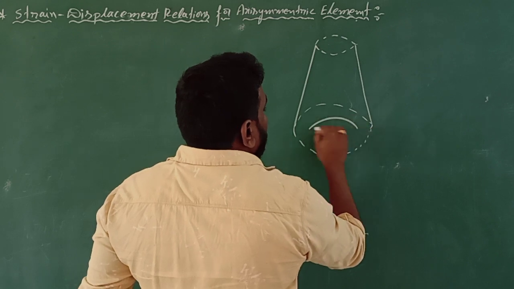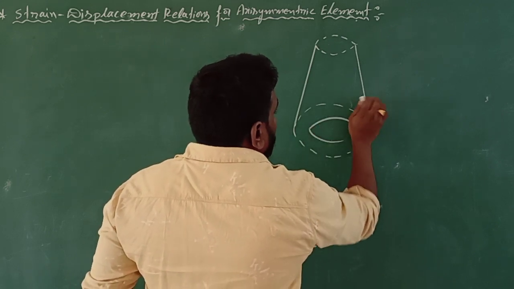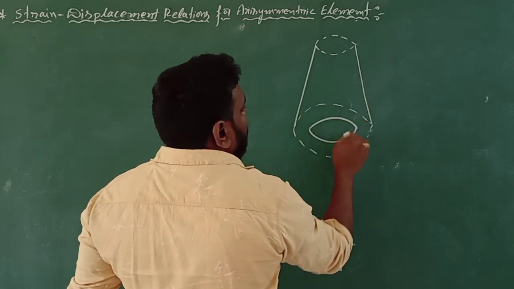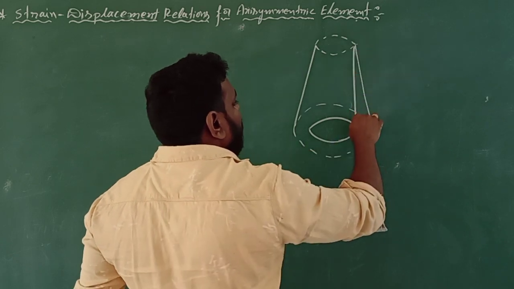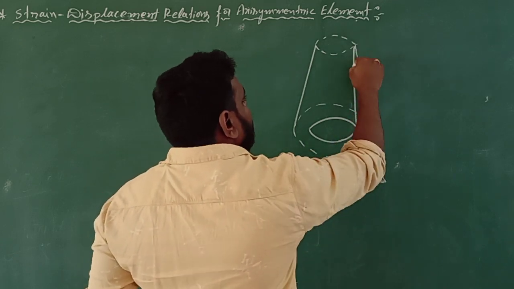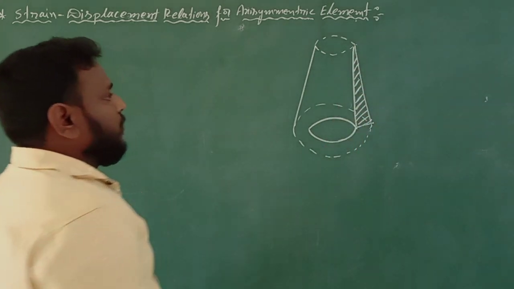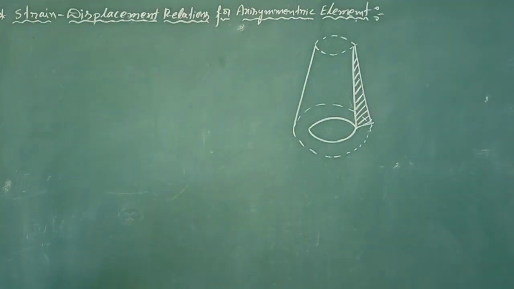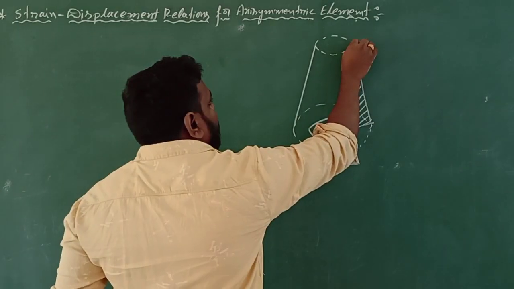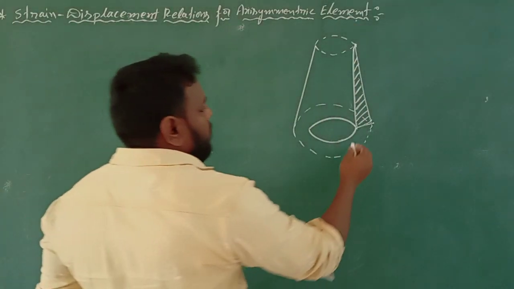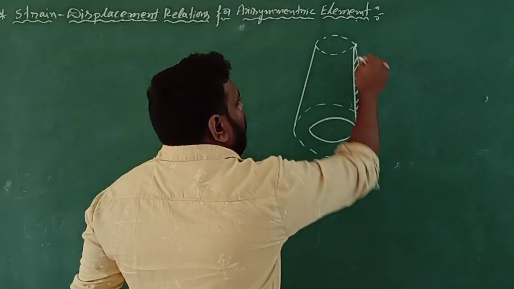After cutting some part in the axisymmetric system, it forms a triangle. So here it forms a triangular element. It has three nodes, 1, 2 and 3.